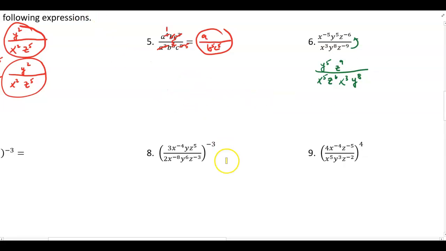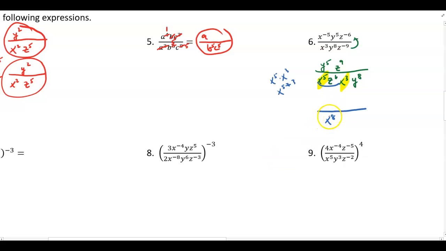Now I determine in alphabetical order where things go. So I'm going to start with the x's. All of my x's are in the denominator. Since they're all in the denominator, I'm going to combine them down there. X to the 5th times x to the 3rd, I'm going to add these exponents to get x to the 8th in the denominator.